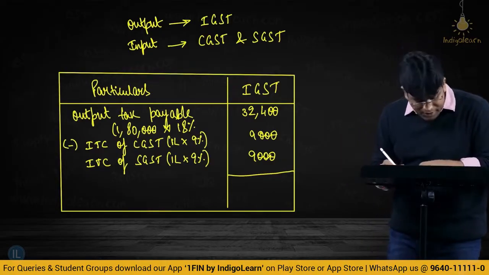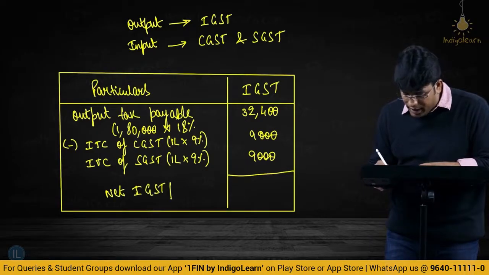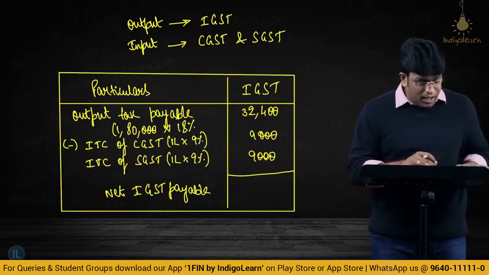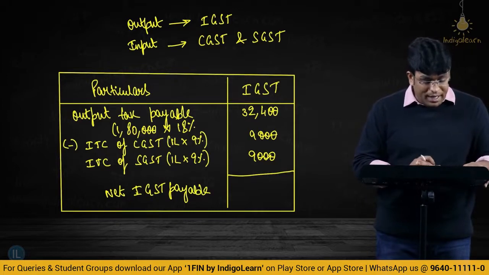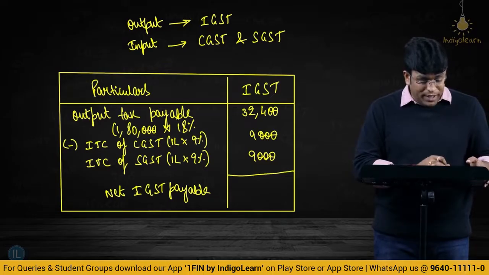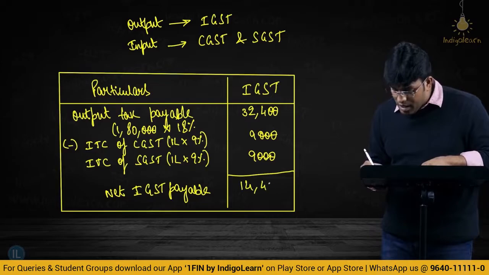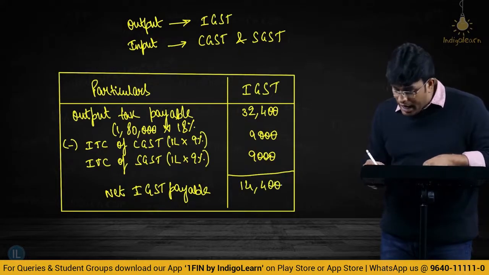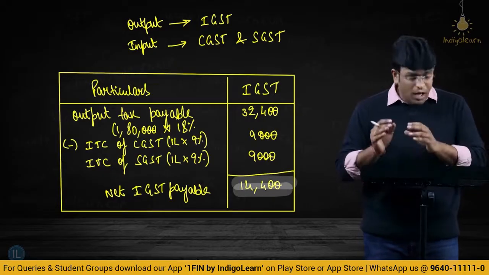Correct? So tell me, friends, what is my net IGST payable? My net IGST payable turns out to what? 32,400 minus 9,000 minus 9,000, which comes to how much, my dear friends? 14,400. That is my net IGST payable, which comes to 14,400.